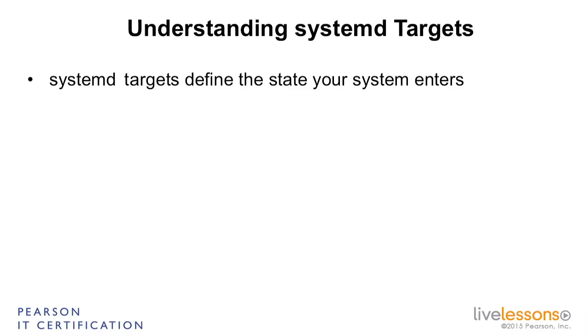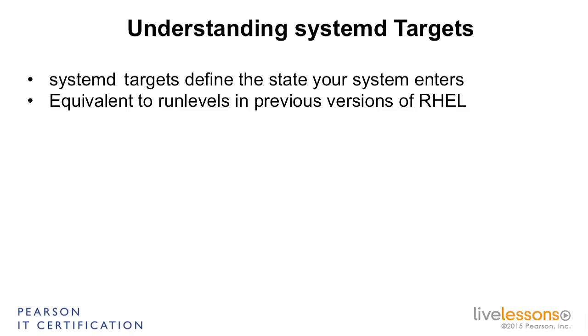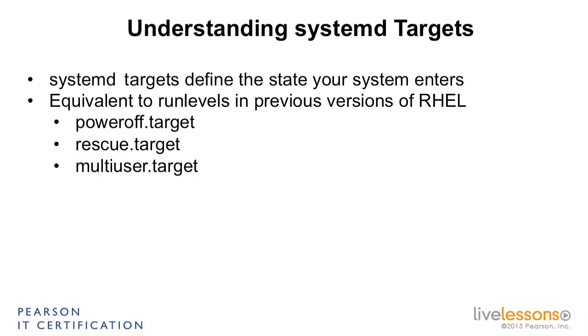specific state. And some of the systemd targets are equivalent to run levels in previous versions of Red Hat Enterprise Linux. For example, there's poweroff.target. That is the state that will shut down your computer. There is rescue.target, which helps you entering troubleshooting mode. There is multi-user.target, which is the fully operational mode of a server without a graphical user interface.